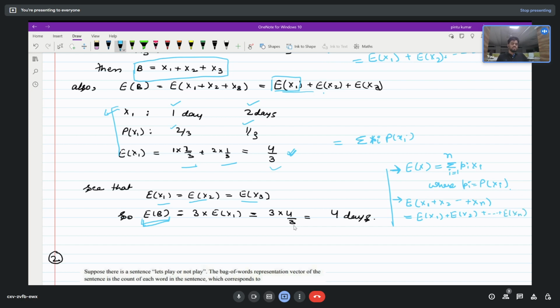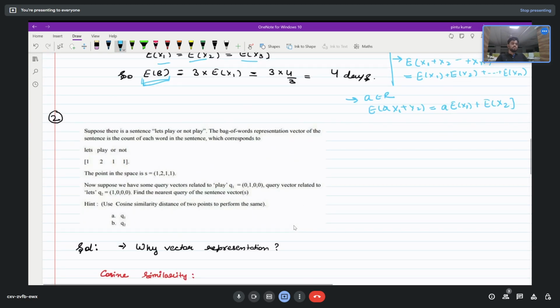One more thing to mention: if a is some real number and we have a x1 plus x2, then the expectation is a times the expectation of x1 plus the expectation of x2. This is something that you can take away from this.